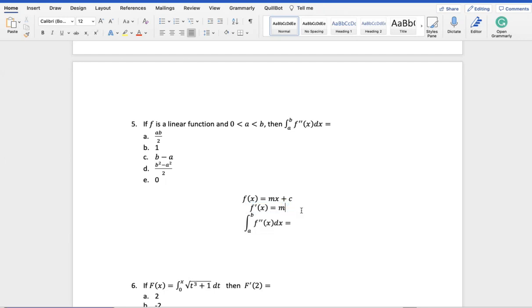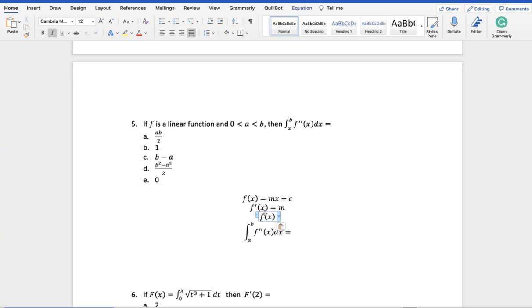So if the derivative of f of x is equal to m, what do you think the second derivative of f of x is equal to? I think it will be 0. Right, so it would be 0.